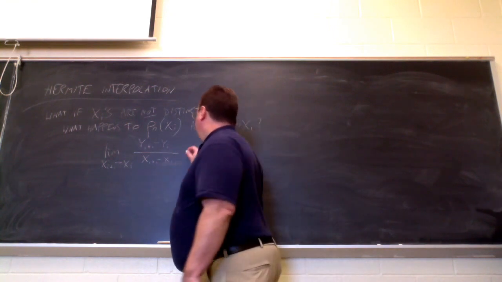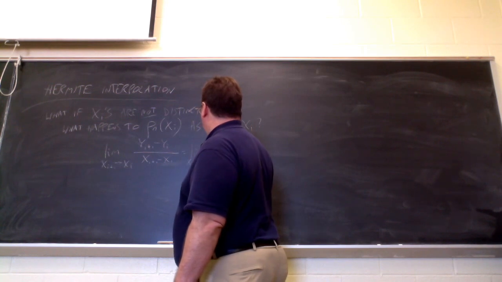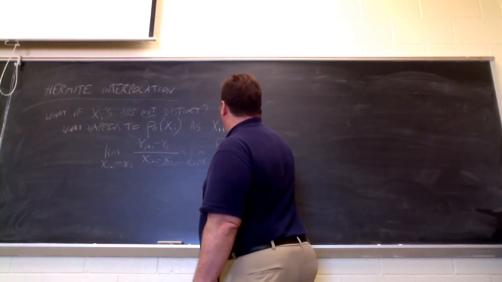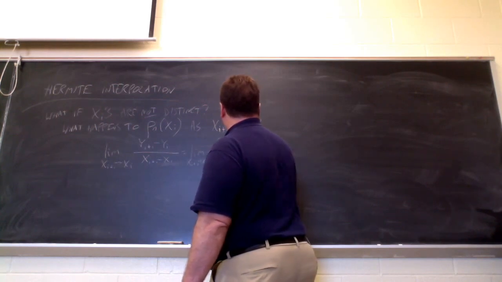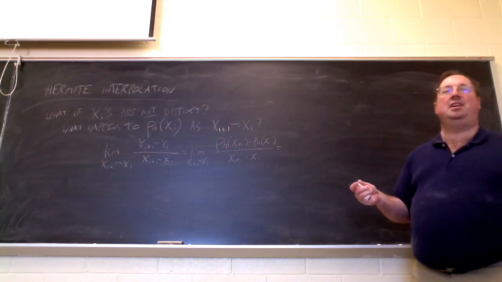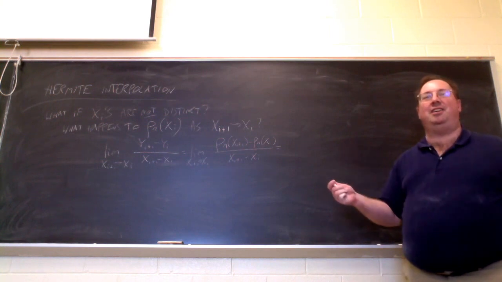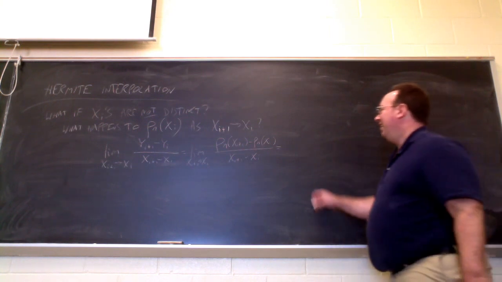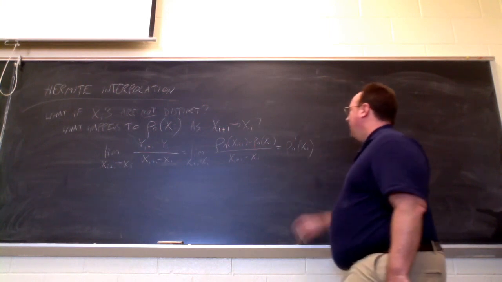But these are also values of the interpolating polynomial. So I'd have to fill in Pn of xi plus 1 minus Pn of xi over the difference in x's. But what is that going to be? Slope, also known as derivative. Yeah. So Pn prime of xi.